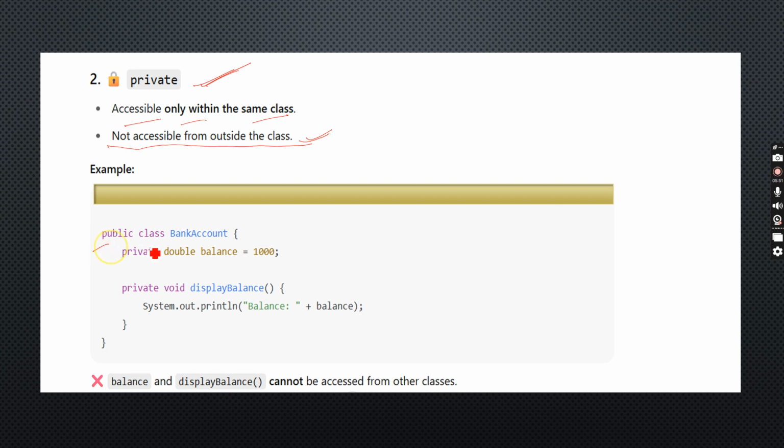First we declare a public class BankAccount. In this class we declare private double balance equal to 1000 rupees. Let's see whether it is accessible or not. Then private void displayBalance: we declare a function with System.out.println balance plus balance.